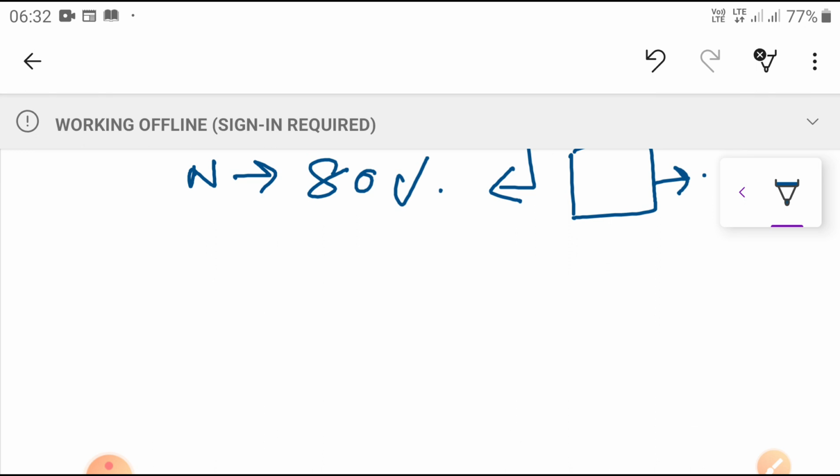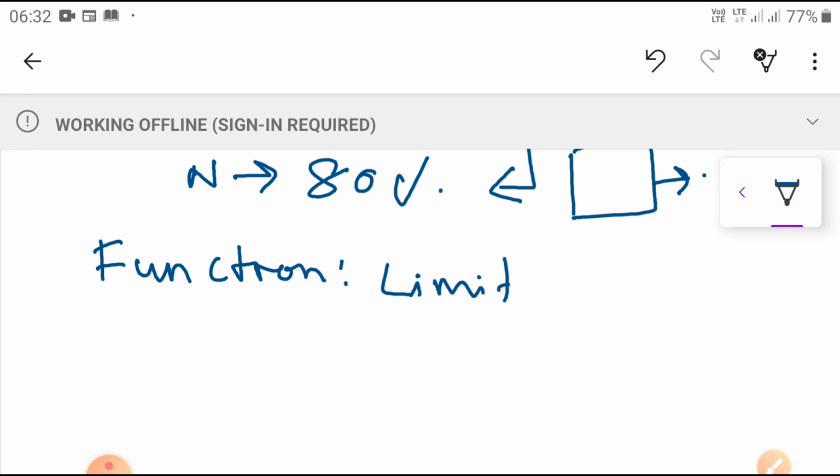What is the function of the starter? Mainly it is used to limit the starting current, only the starting current. If the starting current is limited, then a small amount of voltage and current is enough to produce the torque that tries to rotate our rotor.